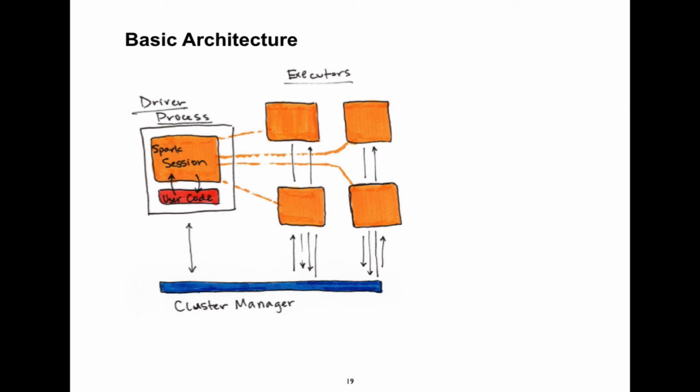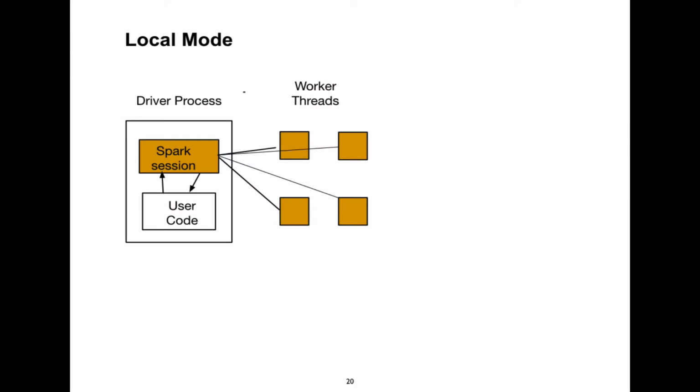So we've got the code. We've got the SparkSession, which sort of directs it. Cluster manager makes sure low-level stuff works correctly. Now we can run it in local mode, which is what you're going to do on your local machines.